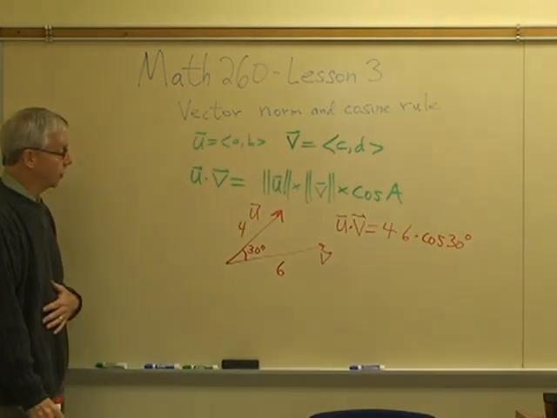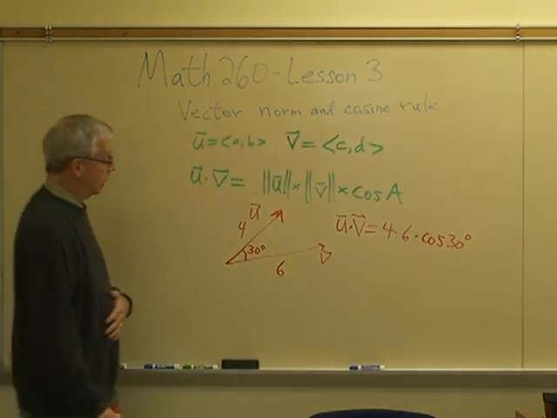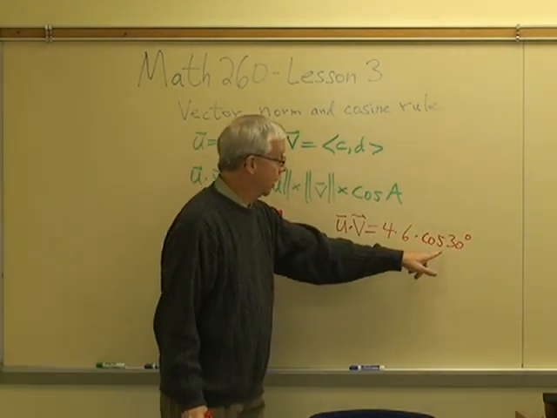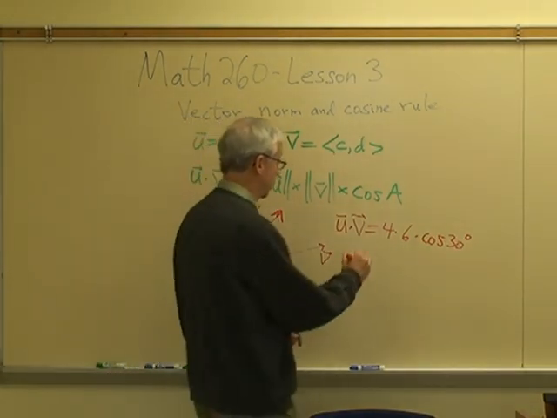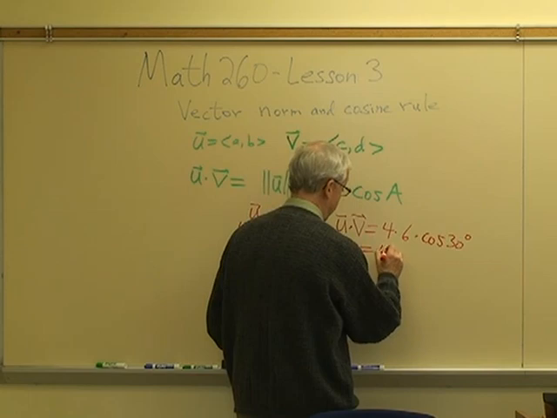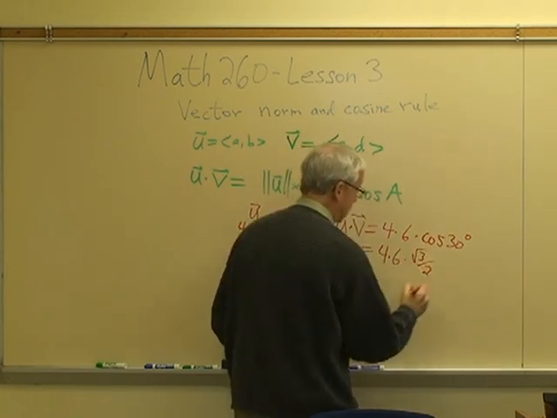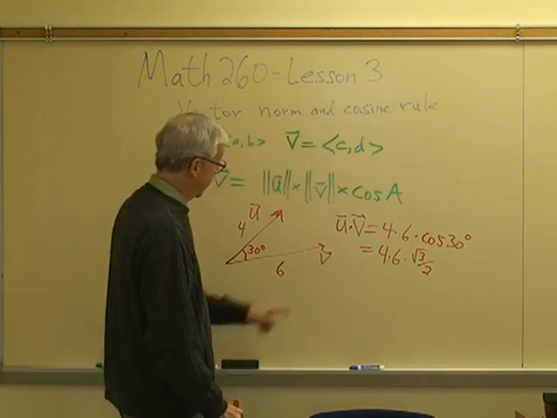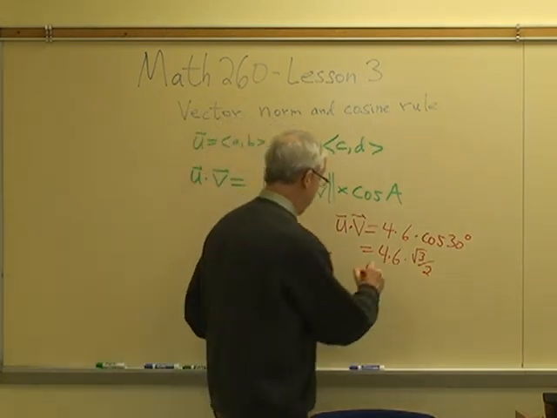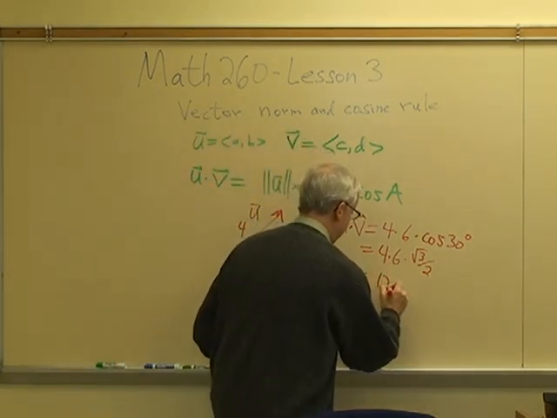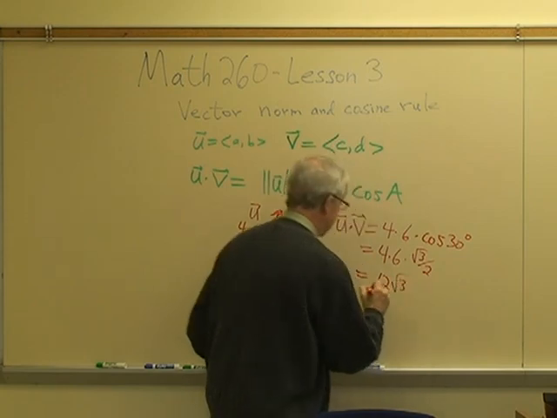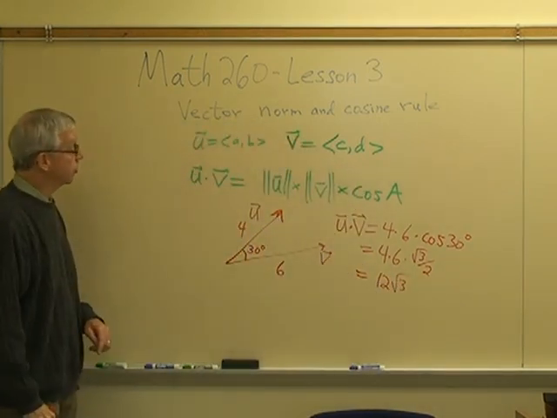And if you remember from your high school trigonometry, or if not, the sine of 30 degrees is 1/2, the cosine is the square root of 3 over 2. So this is 4 times 6 times the square root of 3 over 2. And the 2's cancel, so I have 2 times 6 is 12 times the square root of 3. So that's the exact value of the dot product of the vectors.